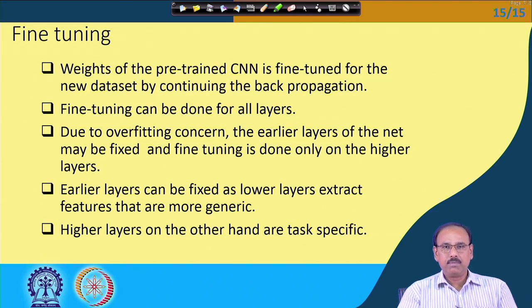So, during this backpropagation learning, we can fix the parameters of the earlier layers and fine tune the parameters of the later layers. And as I said, the higher layers are task specific, so fine tuning of the higher layer parameters is very, very essential.